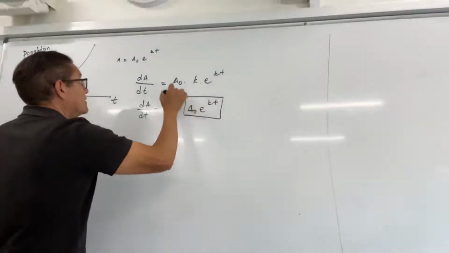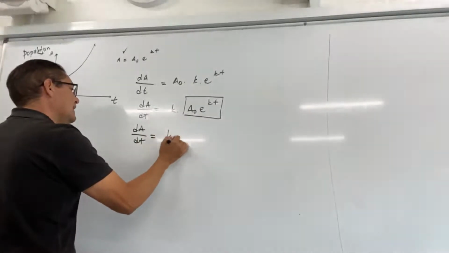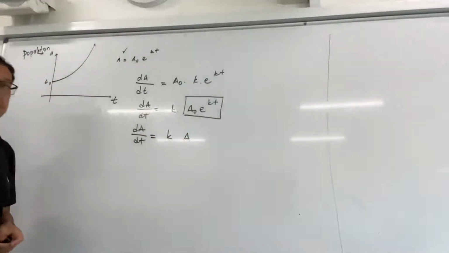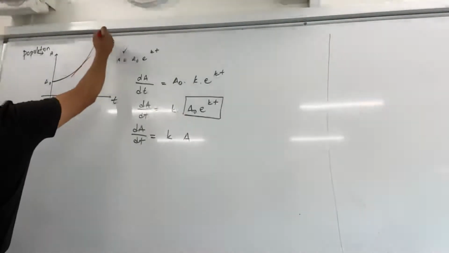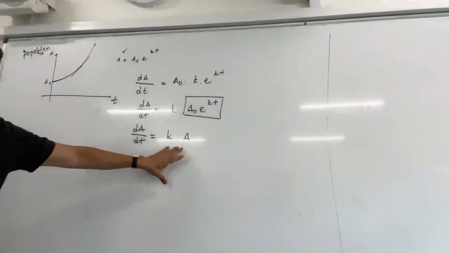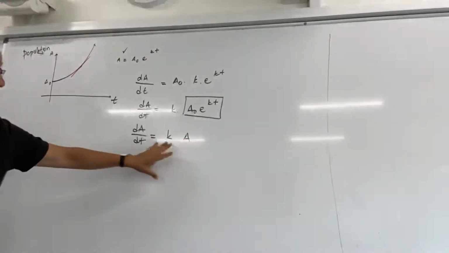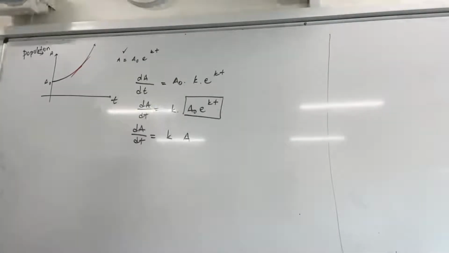But this, we know, is A. So therefore, dA/dt = kA. Now, you notice it's positive. Now the rate is positive, which means it's got to have a gradient that is positive. It's increasing. What this basically says is, the more people there are, the higher the rate of growth is going to be.